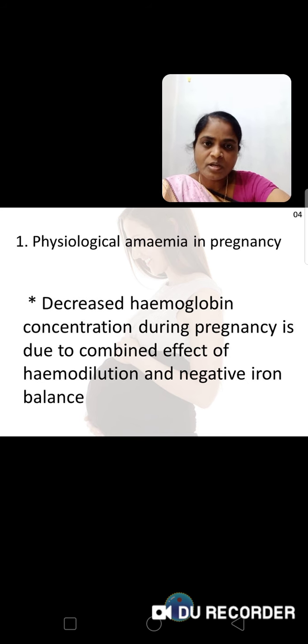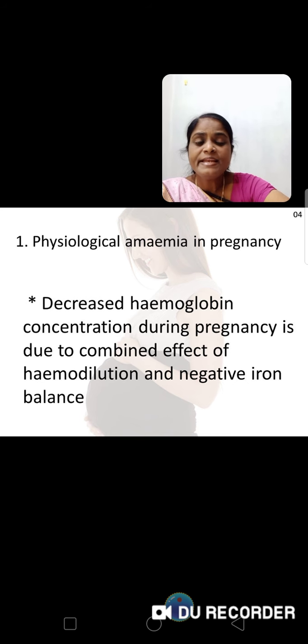System by system, physiological changes occur during pregnancy, and in the same way physiological changes occur in the blood. You may have studied this already. Here the physiological changes are hemodilution and negative iron balance, which may lead to physiological anemia in pregnancy.